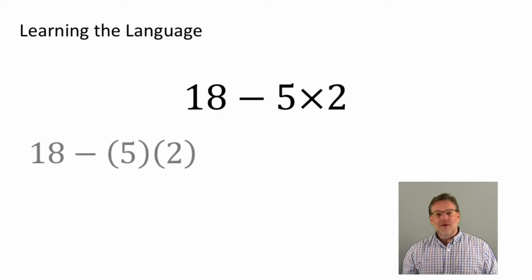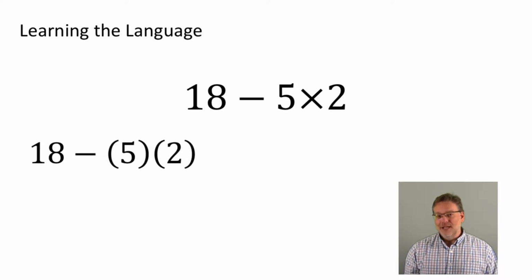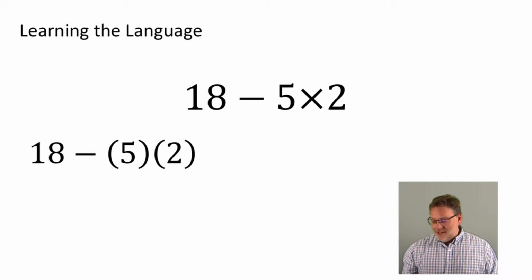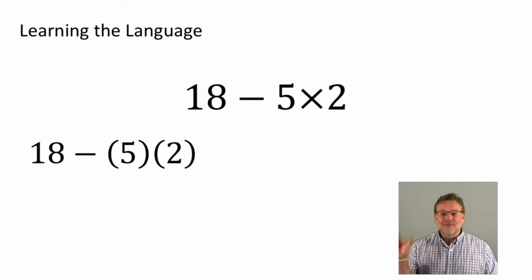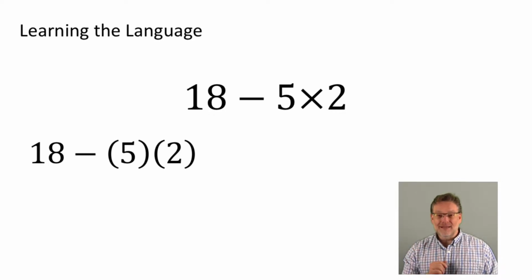There's some other things that I want to let you know about multiplication. The fact that multiplication is before addition and subtraction is to some extent made easier by some notational things that we sometimes do. 5 times 2, 5 in parentheses, 2 in parentheses. Those two things have no operation sitting in between them.